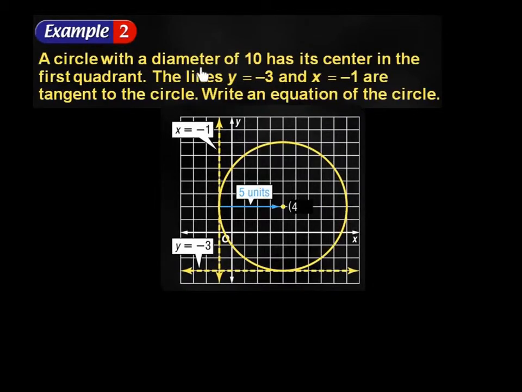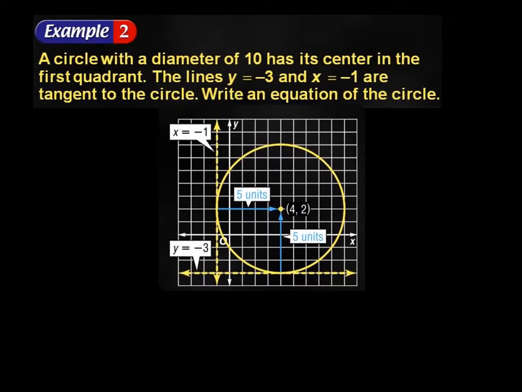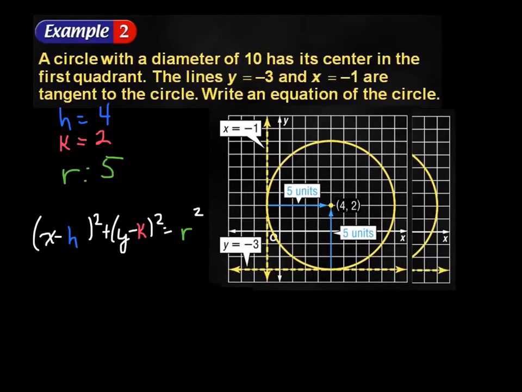If the diameter is 10, then the radius must be 5, so we could go 5 from our x equals negative 1 line, and 5 up from our y equals negative 3 line, and we have the center. Now all we have to do is substitute into our handy-dandy formula.